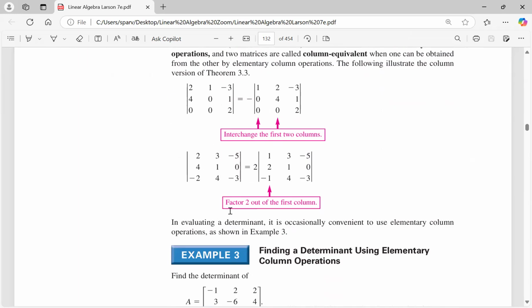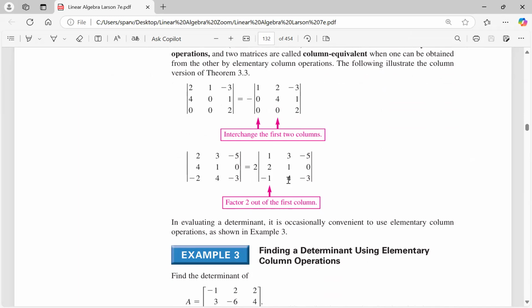Okay, and then what? He factors out of the first column. So here's the first column, 2, 4, negative 2. And he moved a 2 out of it, right? He factored it. So it's now 1, 2, negative 1. And there you go.